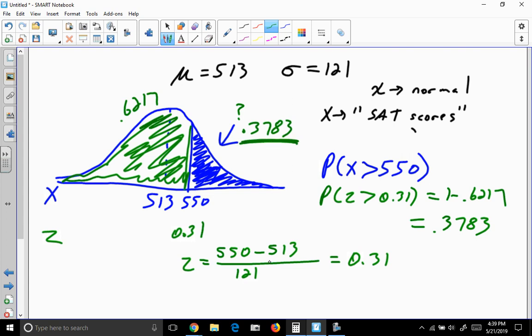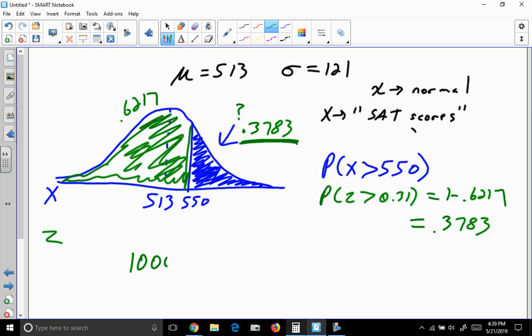So what does that have to do with what we're being asked? We're taking a sample of 1,000 people, and we're essentially looking for 37.83% of that 1,000 people. If this is the proportion of people that fall in that category, then how many people out of 1,000 will fit that? So what is 37.83% of 1,000?